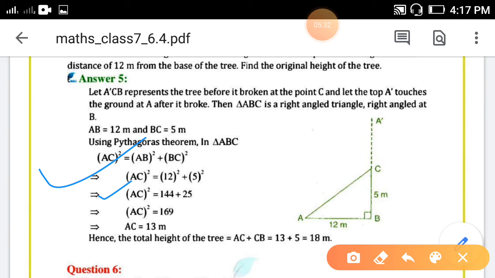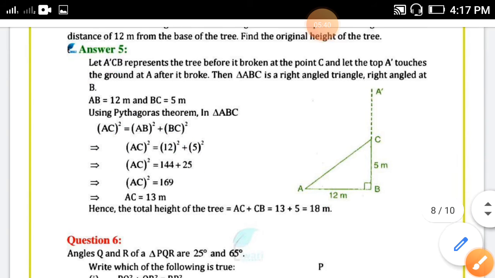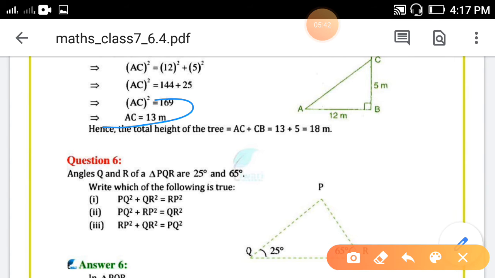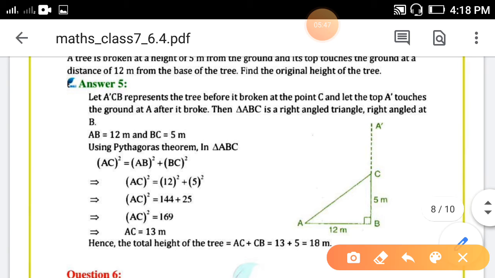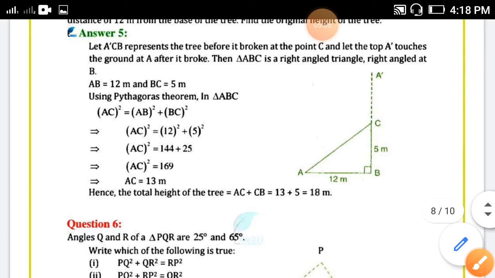AC square is equal to 12 square plus 5 square. It's 144 plus 25, so AC square is equal to 169. So AC is equal to 13. If this part AC is 13, then here A dash C is also 13. So this full length is 13 plus 5, so it's 18 meter.